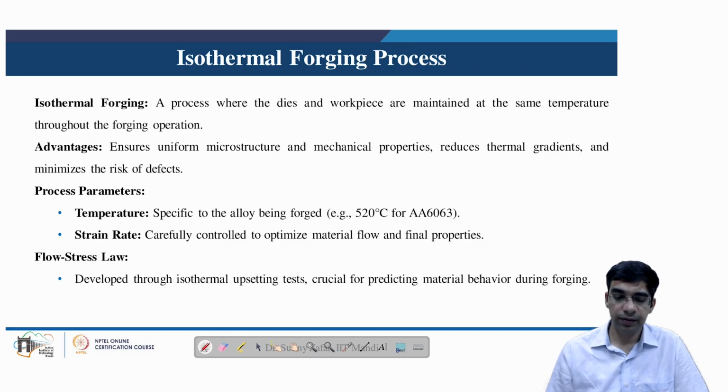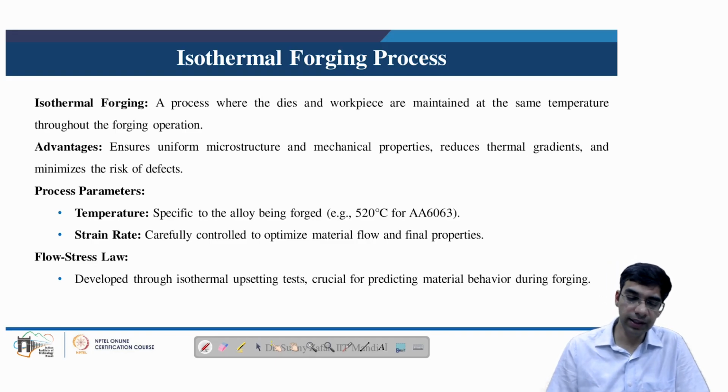Process parameters are specific to an alloy being forged, for example, the AA6063 aluminum alloy is forged at 520 degrees Celsius. The strain rate needs to be carefully controlled to optimize material flow and final properties. And the flow stress law is developed through isothermal upsetting tests, which is crucial for predicting material behavior during forging.